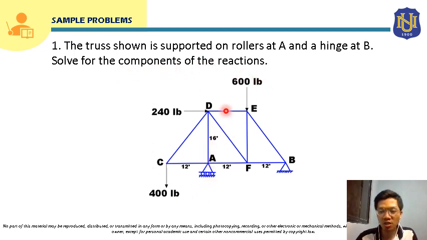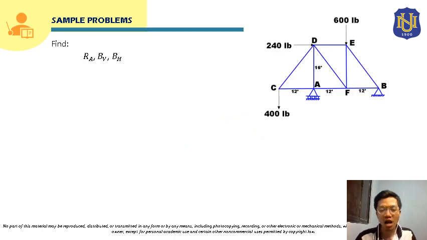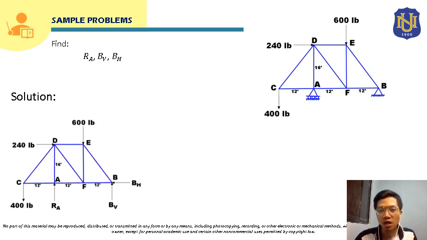From here, we can now start solving. Again, we are asked to solve for the components of the reactions. As we know, for the roller at A, its reaction is just a normal reaction, so we will name that normal reaction as RA. And as we know also, it is applied perpendicular to the surface where the roller is lying.